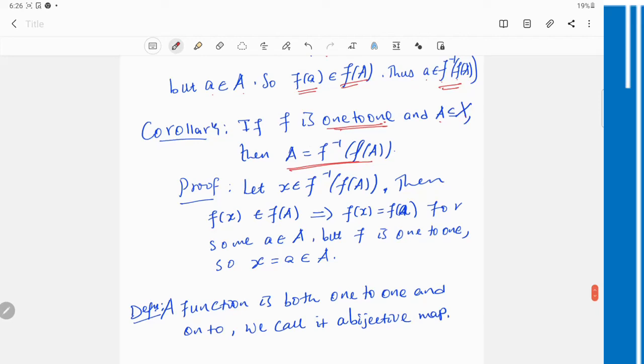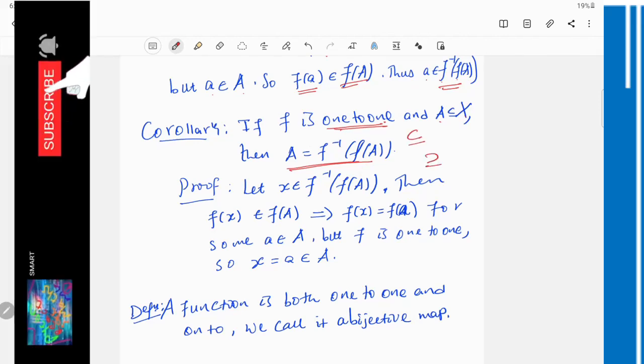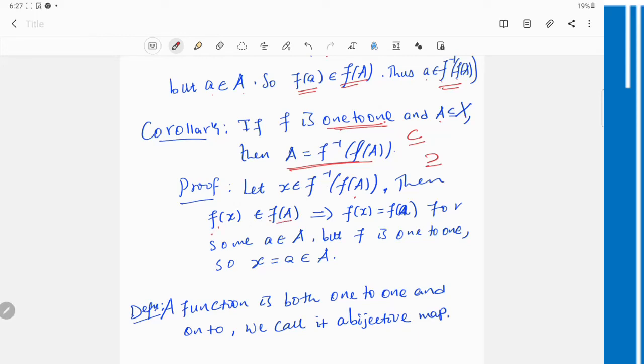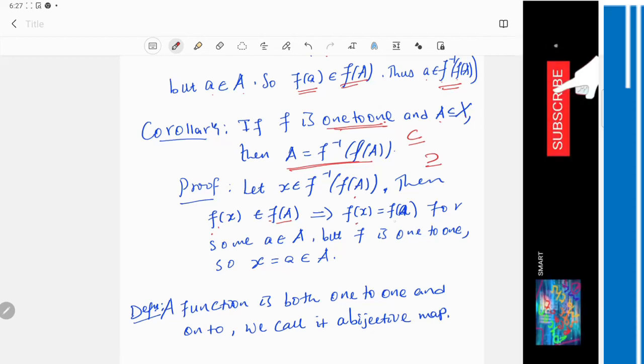So similarly, we need to check this part here. Let x be a member of this one. Then by definition, f of x is a member of f of A, which means that f of x equals f of a for some a in A, because it's a member of this set.